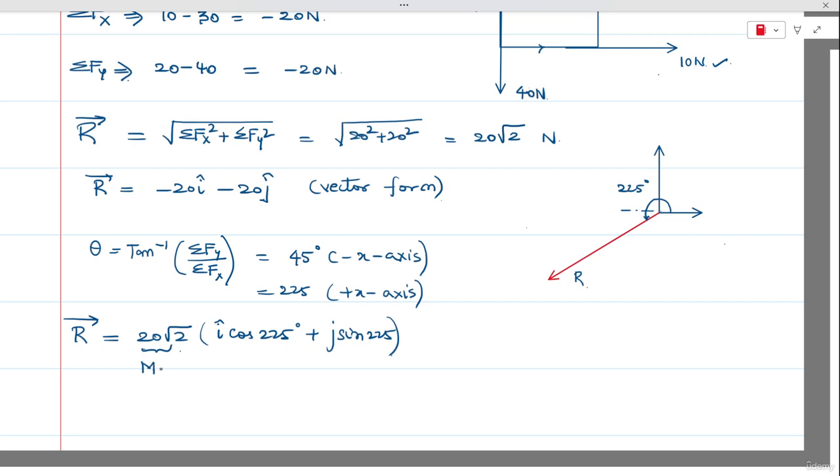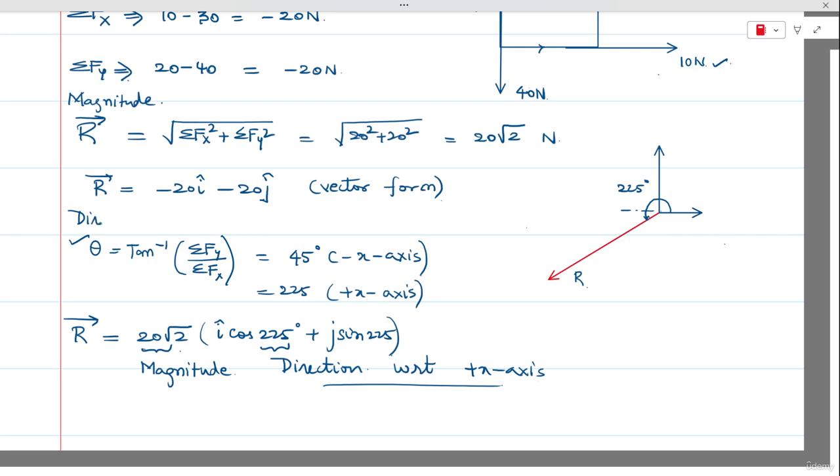This is about the inclusion of magnitude, and this is direction with respect to positive x-axis. So even if you write it with theta, no worries at all. This is going to tell you the magnitude, and this is about the direction. So the representations might change, but the answer is same.